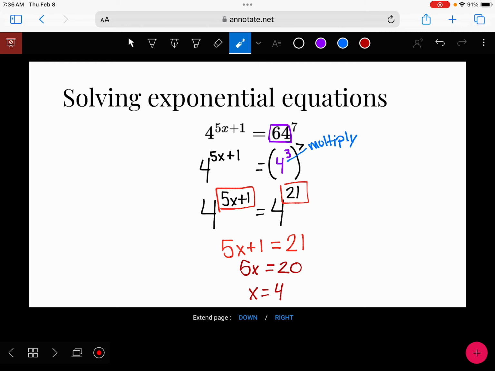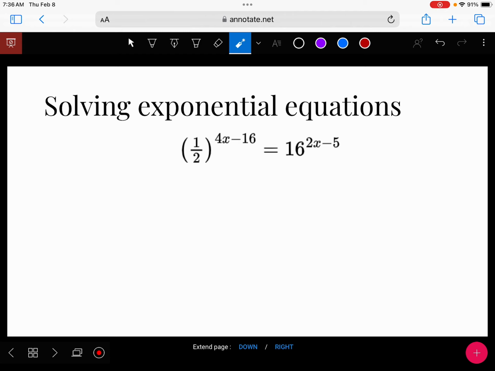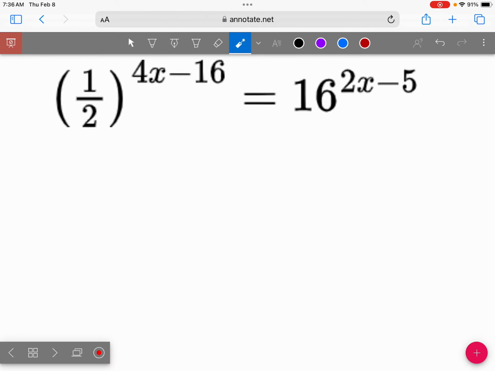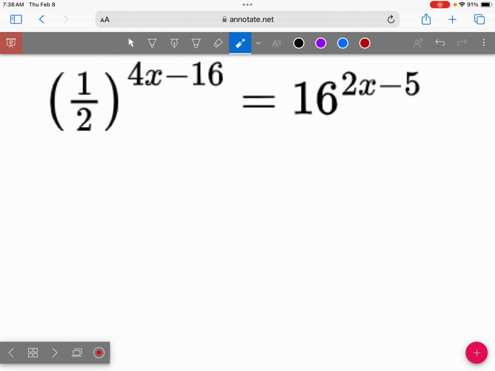We have one more to do. And it's probably the weirdest one. Because we have 1/2 to the 4x minus 16 equals 16 to the 2x minus 5.